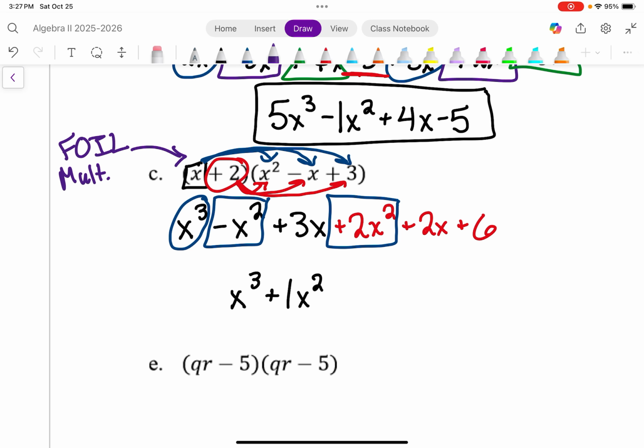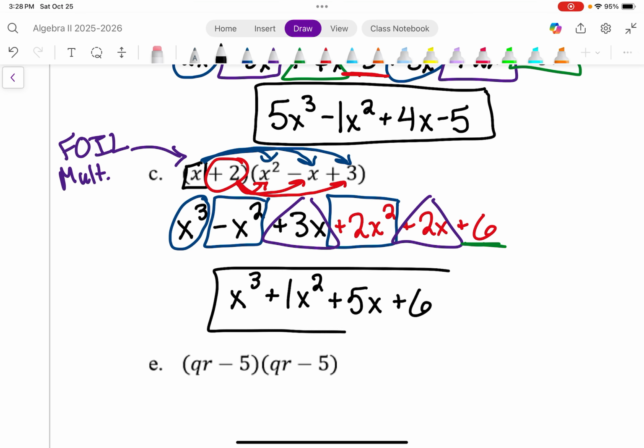Next, we have a positive 3x and a positive 2x. Those would combine to be 5x. And lastly, we have our constant 6, which can't be combined with anything, so that will stay the same. Once all your like terms are combined, then you are good and there's nothing else you can do to simplify.